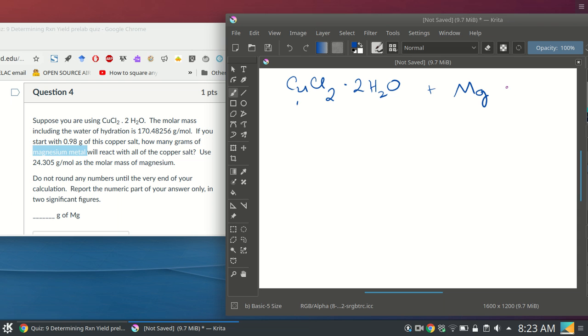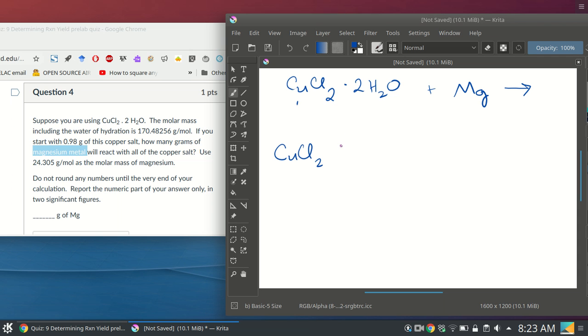So I'm going to react to form something. Now, first thing here is the water, as you know from the lab, is going to leave. So the water is not going to be involved in the chemical reaction. So let me rewrite this chemical equation without the water just to make it a little easier.